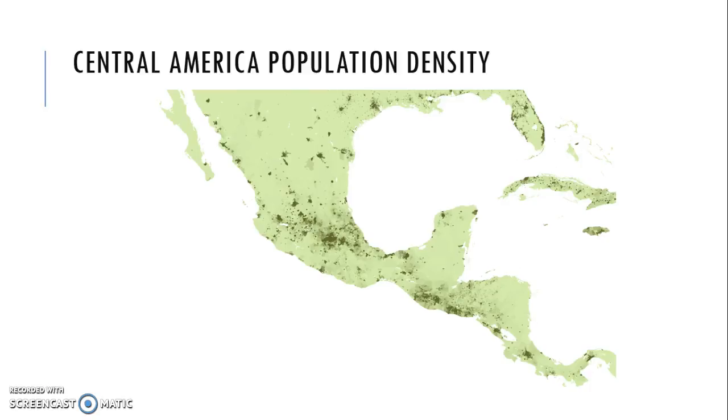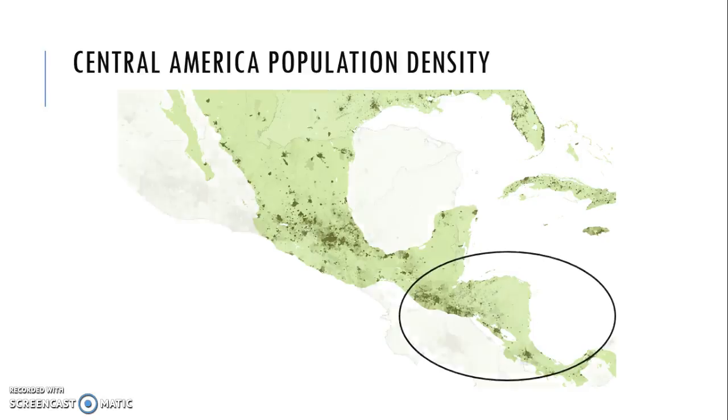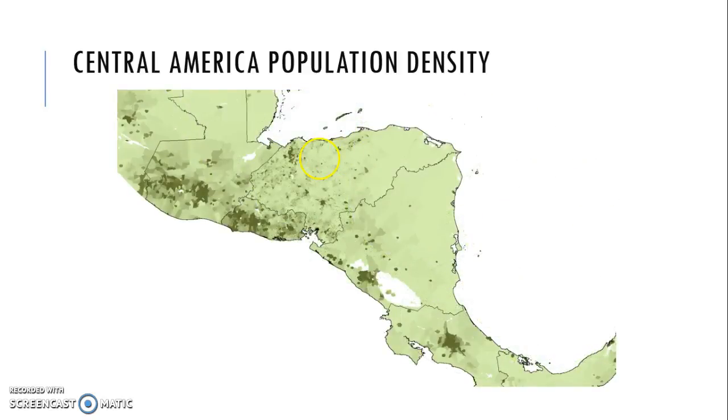This is Central American population density, and we're going to focus on this part of Central America. And one thing that we notice right away when we describe the population pattern is that mostly people live along the Pacific coast of Central America.